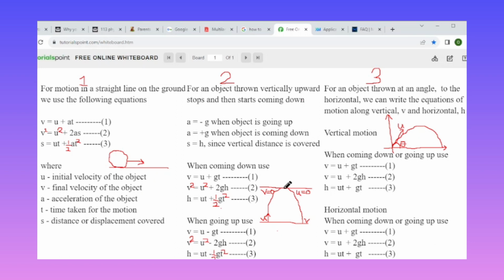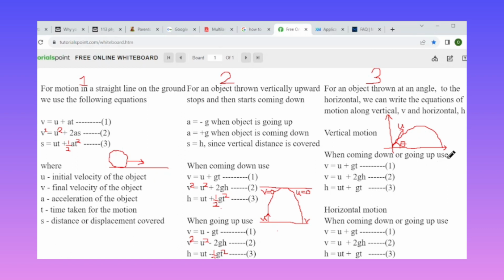The second part of the journey of the object, that is when it is coming down, our u is taken to be 0, and the velocity keeps increasing until it gets to a particular value v just before the object drops to the ground.